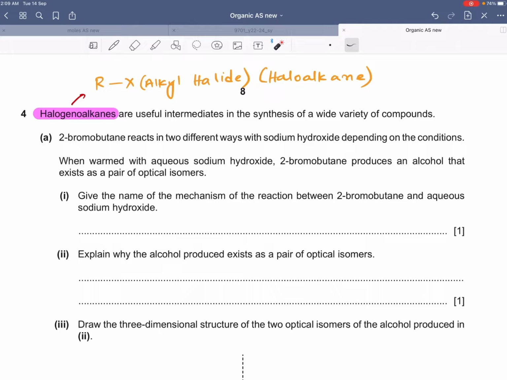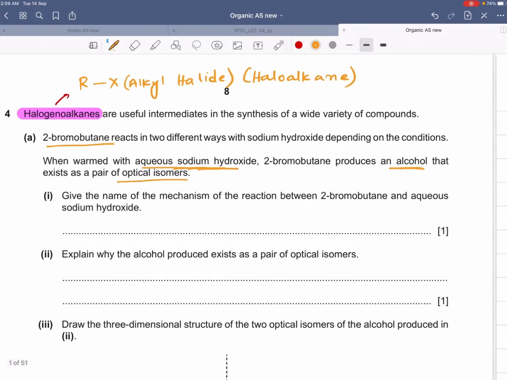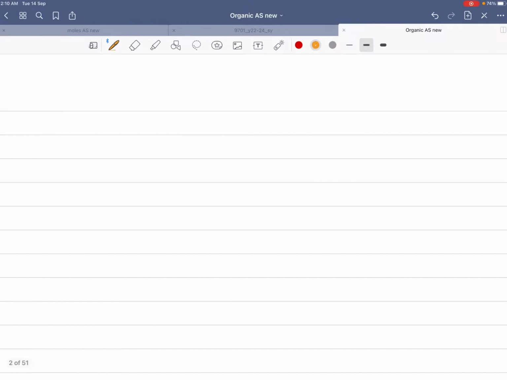So the first reaction is when warmed with aqueous sodium hydroxide, so we are reacting 2-bromobutane with aqueous sodium hydroxide. 2-bromobutane produces an alcohol that exists as a pair of optical isomers, right? So the reaction is that 2-bromobutane, and guys, what is 2-bromobutane?